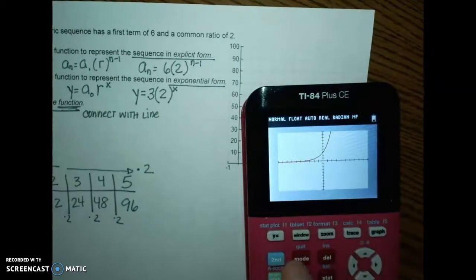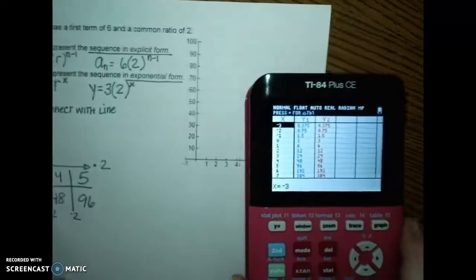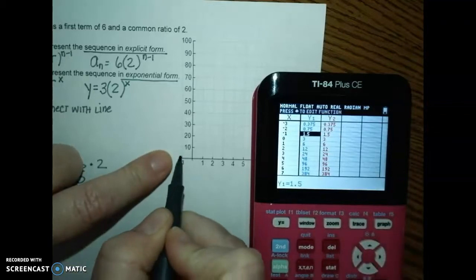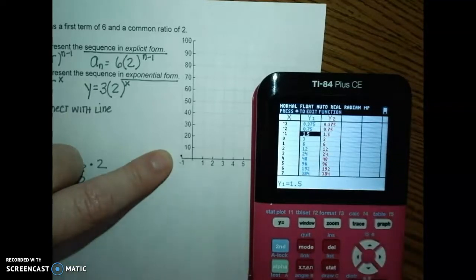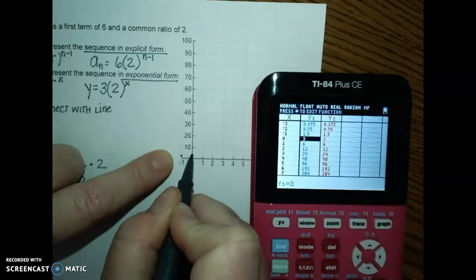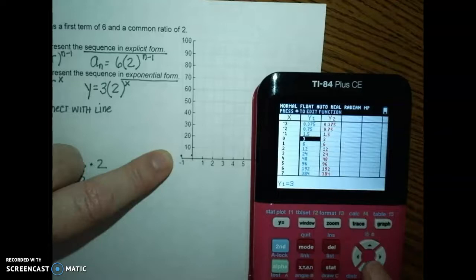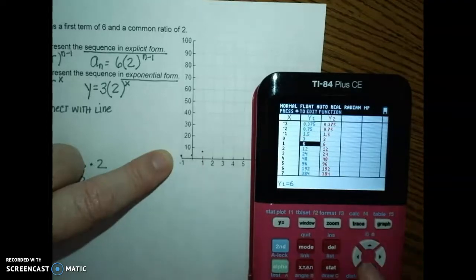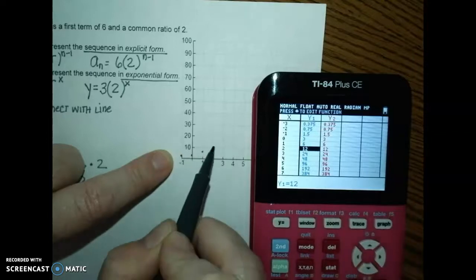So I'm going to look at my table of values. I could, if I wanted to, go back to -1. If x is -1, you can see how their y values are the same. Y is 1.5, which is somewhere I'm estimating. If x is 0, y is 3, so it's going to be a little bit higher. If x is 1, y is 6, so that's just past the halfway mark. X is 2, y is 12.